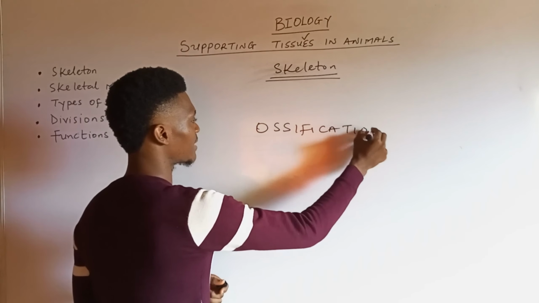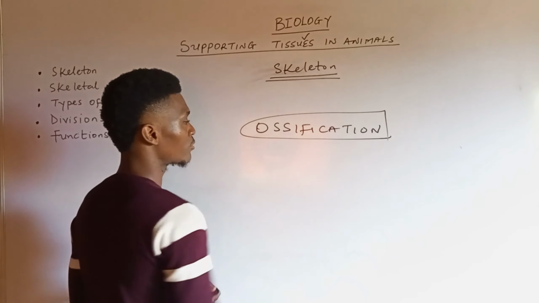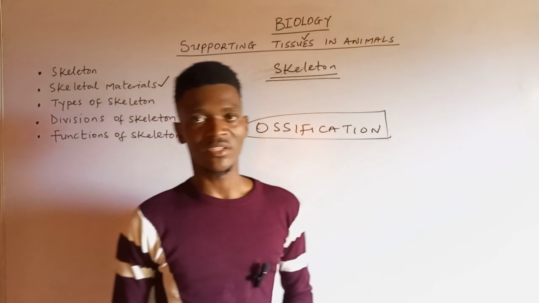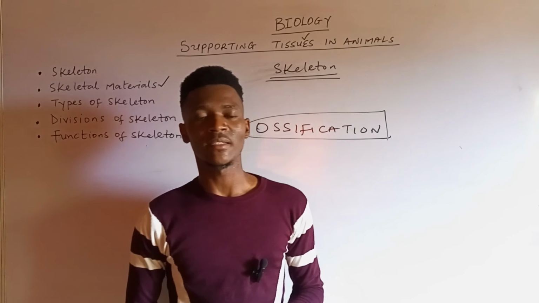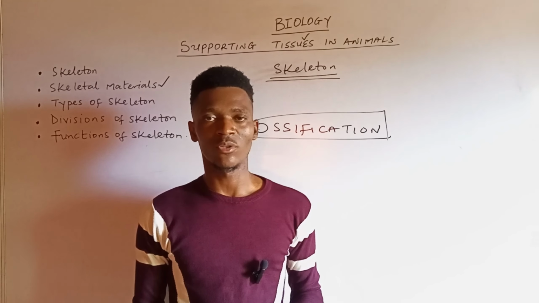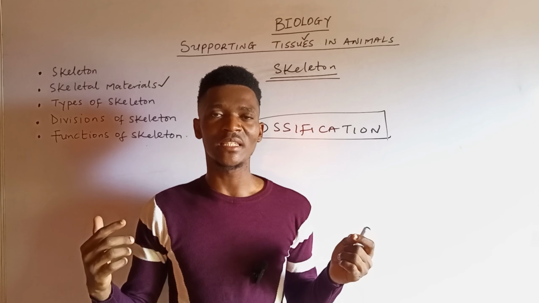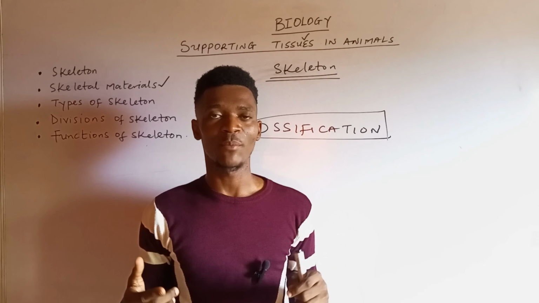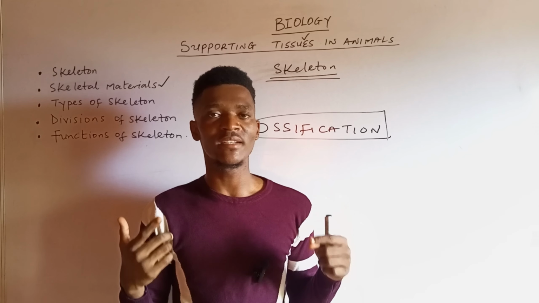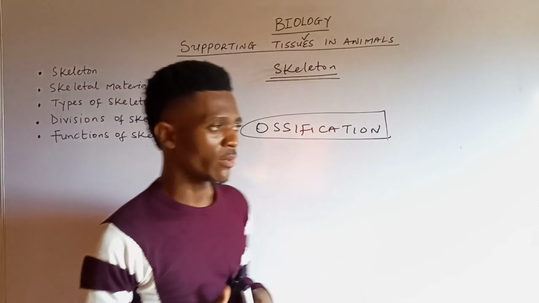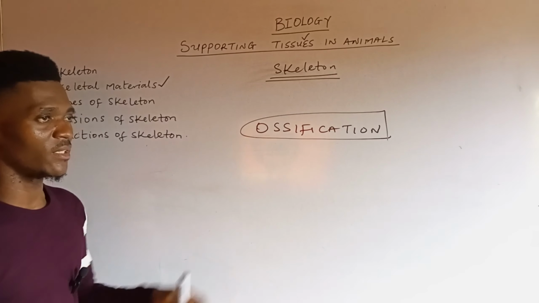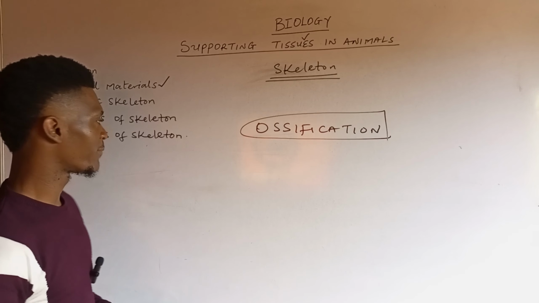It usually occurs in children. Of course, there are bones in the body that are not completely ossified, and they are present in the ear. They are called the ear ossicles. When we get to the ears, I will explain much about that in another topic.